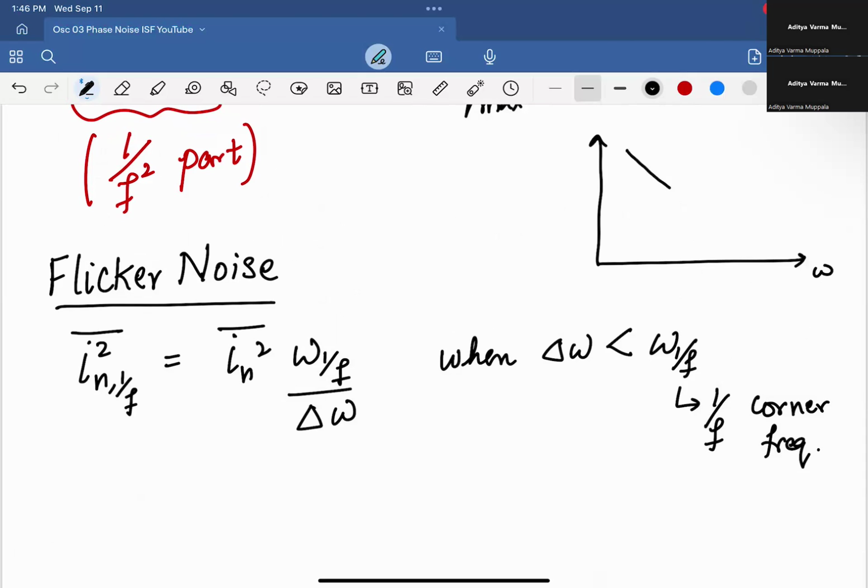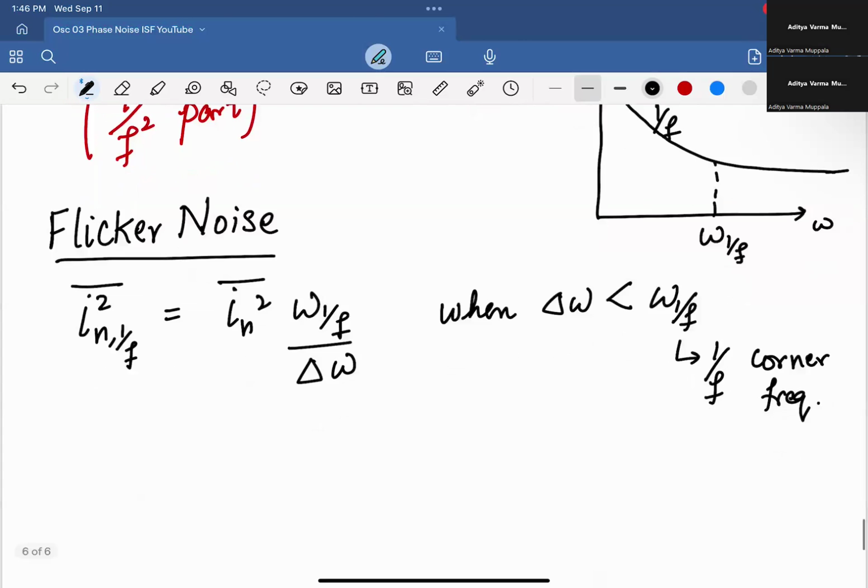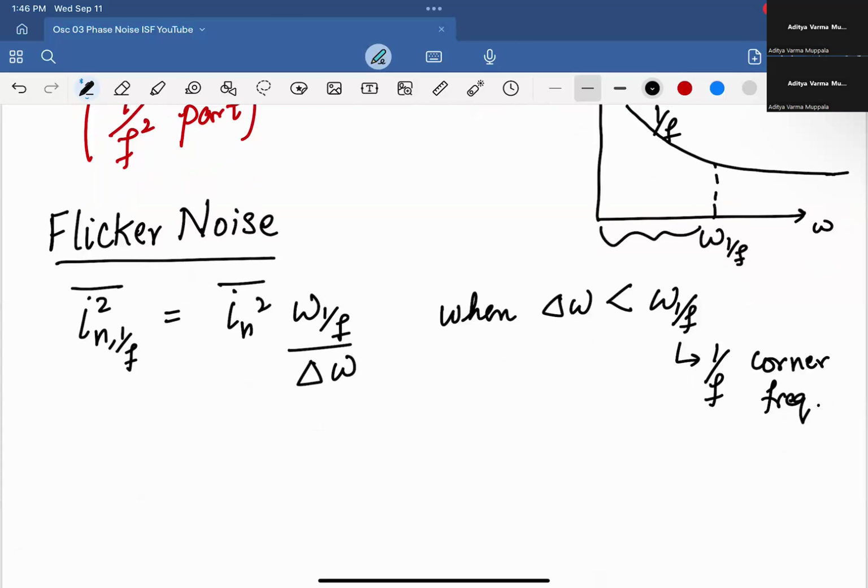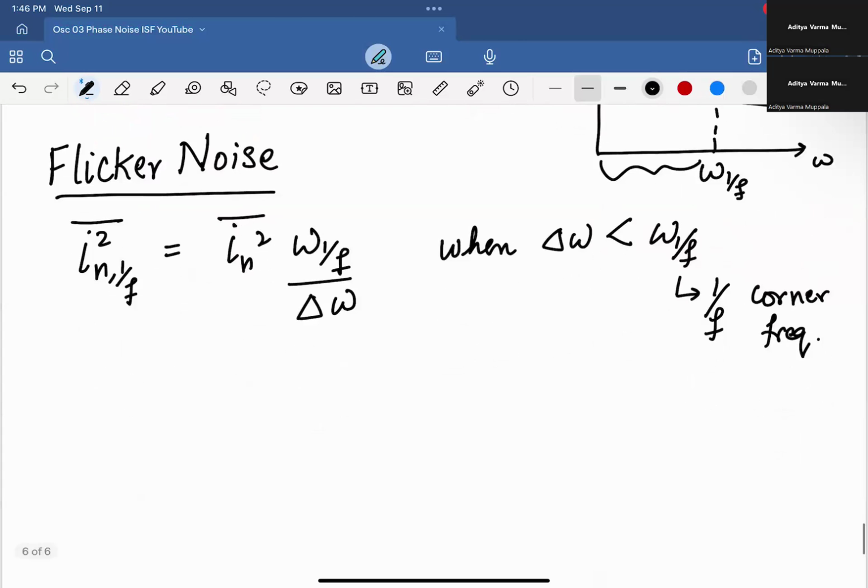You have the 1 over f dependence, and then that becomes flat. If you look at the power spectral density of flicker noise, it's like that. So this is the omega 1 over f. Before that, it has this 1 over delta omega dependence, and after that, it's flat. We care about this part right now.